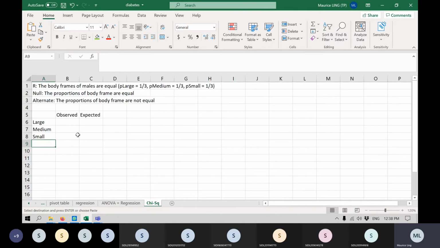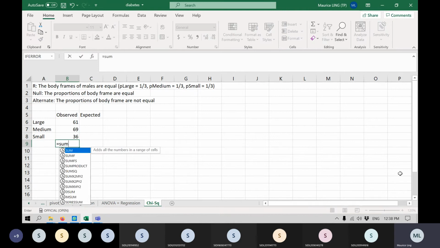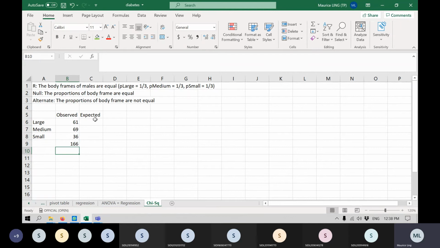Then we need a total, which is the sum. For the expected, if it's 1/3, we just take the total and divide by 3. Expected can have a decimal place, it's no problem. It's a recurring decimal, so it doesn't matter.